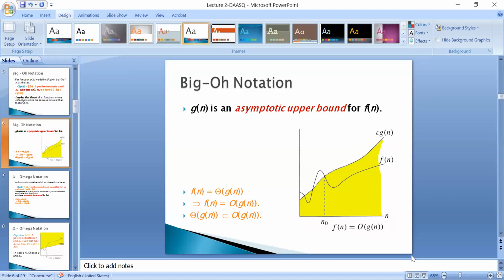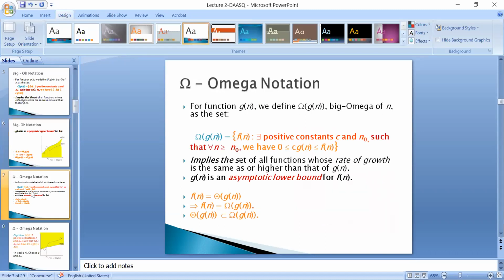We say that a function f(n) is theta of g(n) if f(n) is O of g(n), so f(n) is less than or equal to g(n), and the other way around is true as well. I think there's a mistake here, so I'll just get to the next slide first.